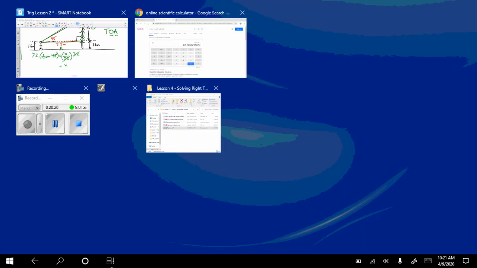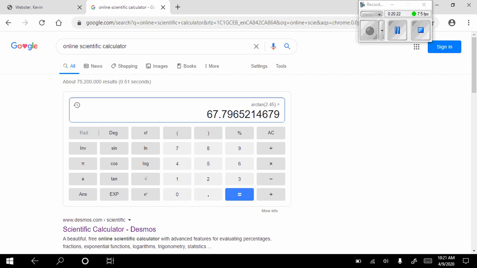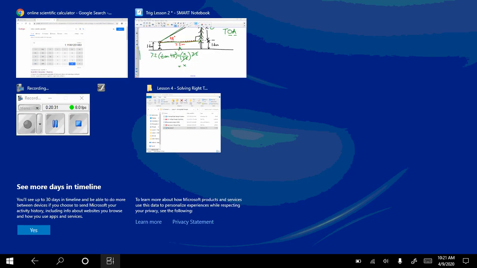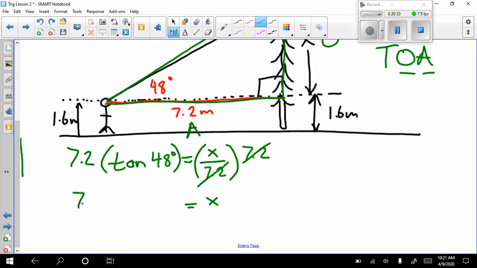Go to my calculator. I'll clear it. And I want to do tan of 48 degrees. And I get 1.11. So here we go. 7.2 times 1.11. And when I type that into my calculator, I get 8.